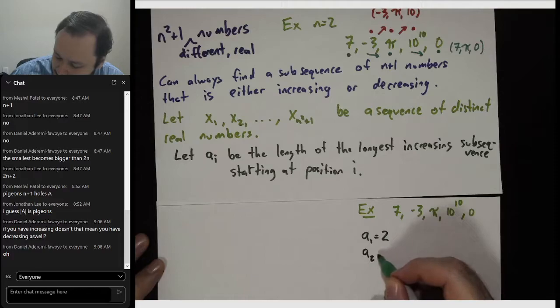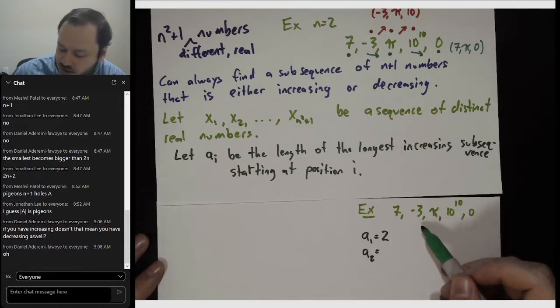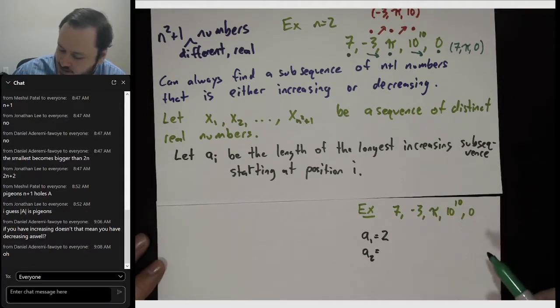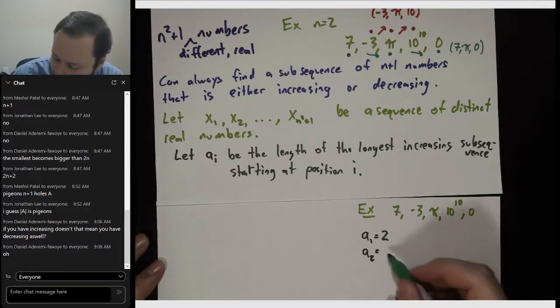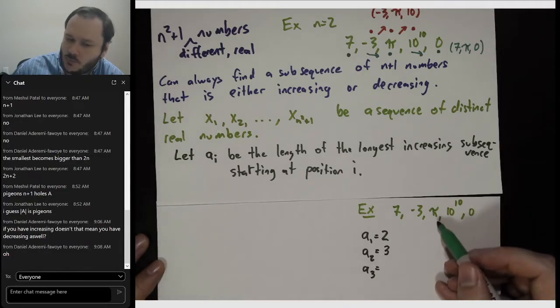A sub 2 is negative 3. We talked about how here I can have a subsequence of length 3: minus 3, pi, 10 to the 10. So I can have a sequence of length 3. A sub 3, if I start at pi and I want to go up, the best I can do is 2.